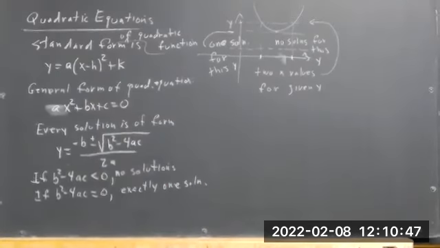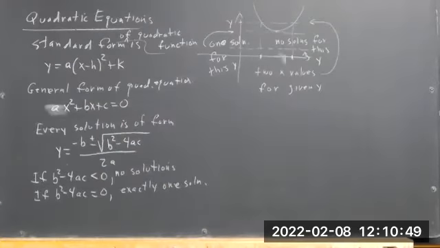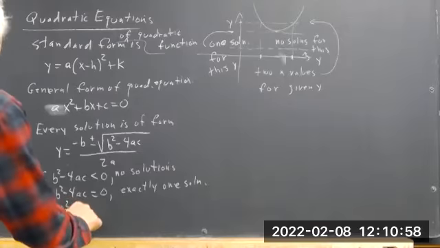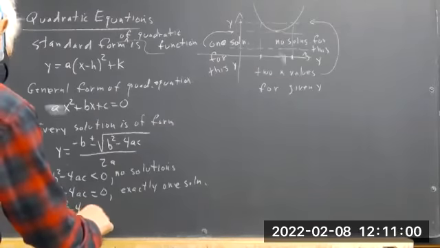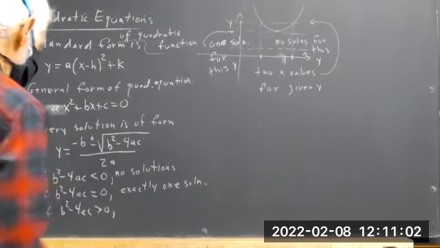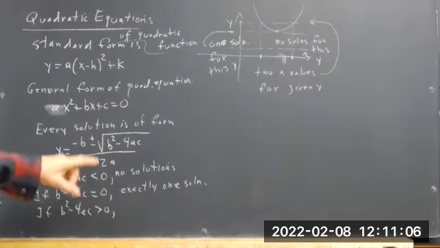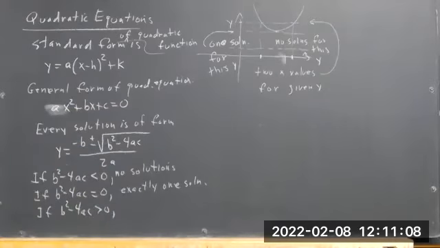And if b squared minus 4ac is 0, there's exactly one solution, right? And if it's greater than 0, well, the plus or minus, the plus gives us one solution, the minus gives us another.